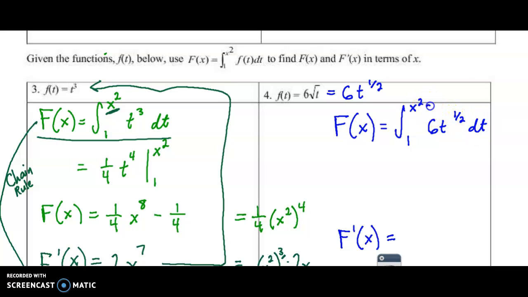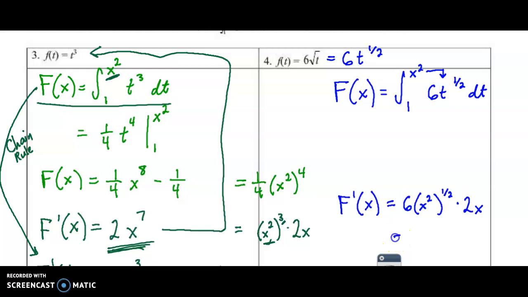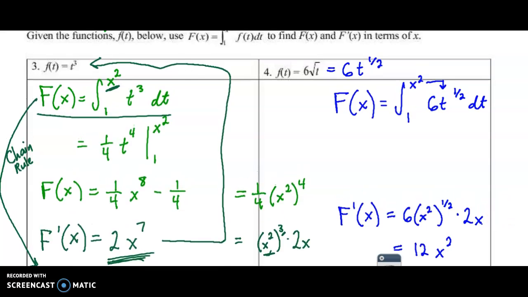So what will happen is, for the derivative, it will become 6. X squared will replace the t, still to the 1/2 power, but then you have to multiply by the derivative of the inside by the chain rule, which would be 2x. So when I simplify that, the actual answer is x squared to the 1/2 will be x to the 1st times this x, so it would be x squared, and 6 times 2 will give me 12. Well, let's see if that actually works out that way.